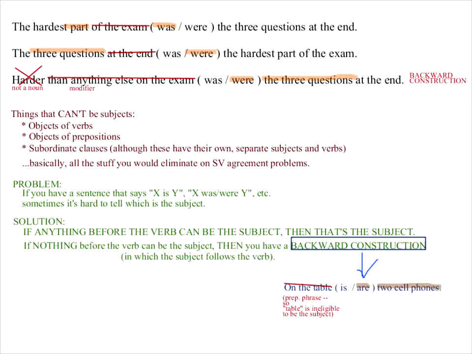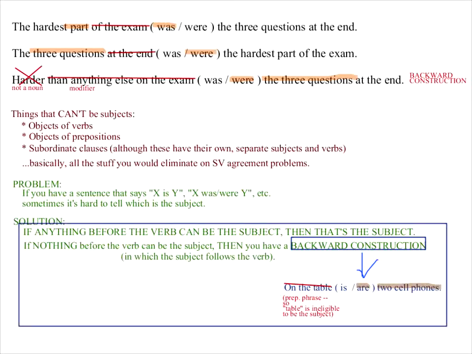So here's your takeaway in that regard. Okay, if anything before the verb can be the subject, then it's the subject, period, end of story. You only use backward constructions when there's nothing in front, whether it's a pronoun or a noun or whatnot, that can be the subject.